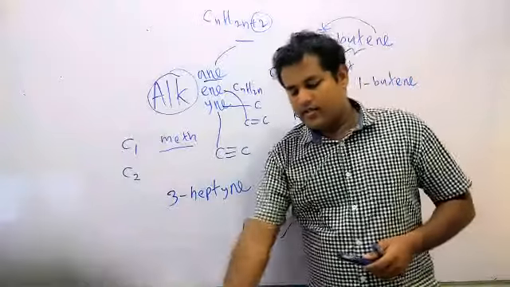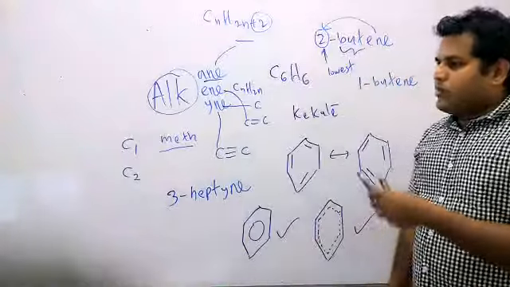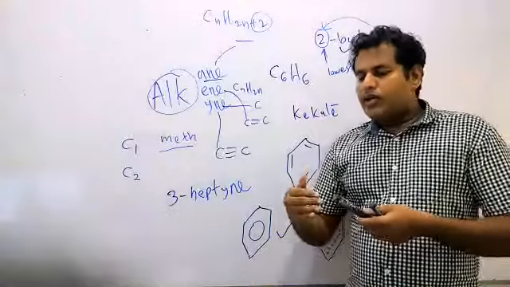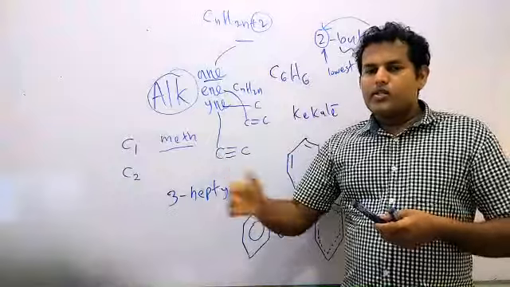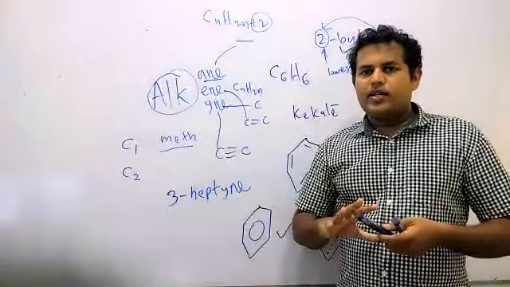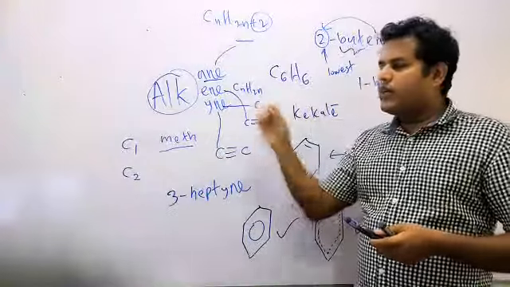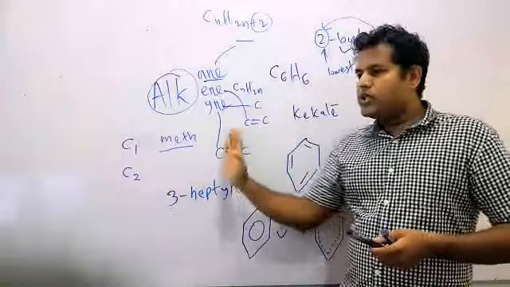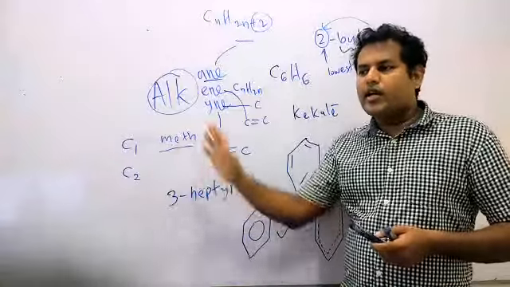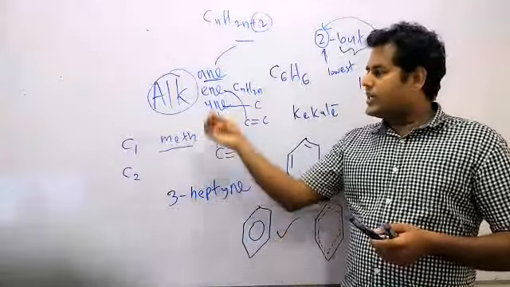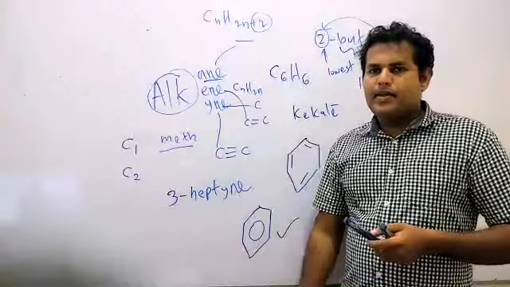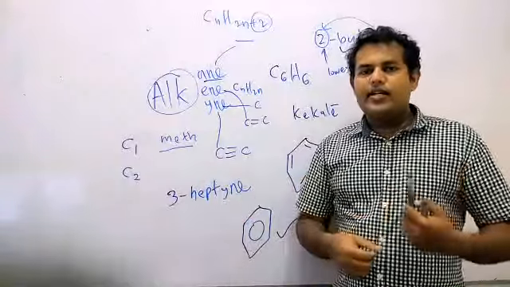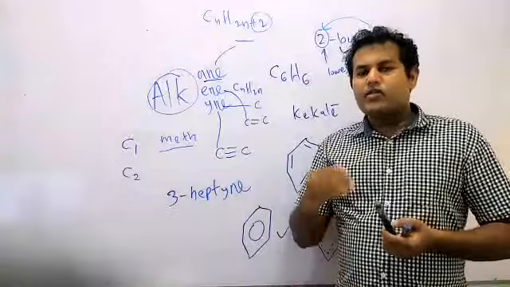That's it. Sometimes you may be thinking about complex structures, like a triple bond with 2 double bonds. That is a complex compound. Generally here, when we refer to an alkyne, there can be only 1 triple bond. All the other bonds should be single bonds. If you have a double bond, we can't specifically say it's an alkyne. It's a complex compound, but we will name it as an alkyne because of the priority.